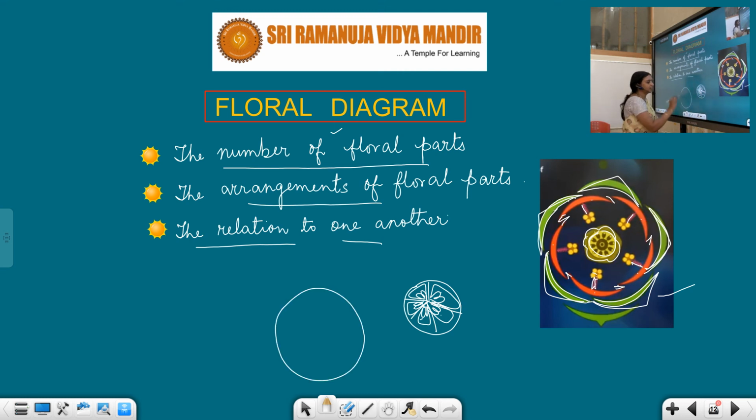And if the arrangement is like this, it is unicarpellary, monolocular and free central placentation. No walls are formed, no septa are formed, so it is free central placentation. So the placentation also can be observed in this floral diagram.